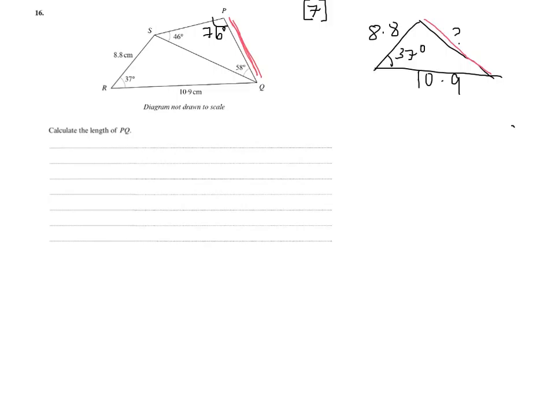If you remember, the cosine rule is a squared equals b squared plus c squared minus 2bc cos A, where the lowercase letters are the side lengths and the uppercase letter is the angle.